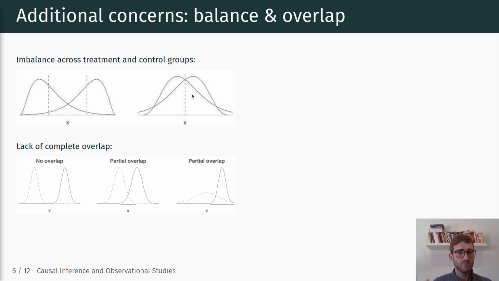The next issue, which is related but not exactly equivalent, is the question of overlap. By overlap, we mean to what extent the distributions of confounding factors overlap. If we have no overlap whatsoever, that would mean, in the example I mentioned earlier, that all old people select into one media source and all young people select into another media source.